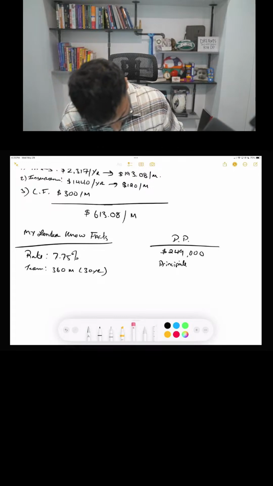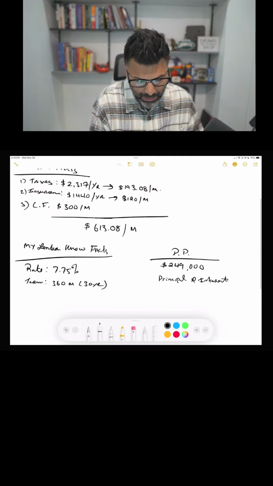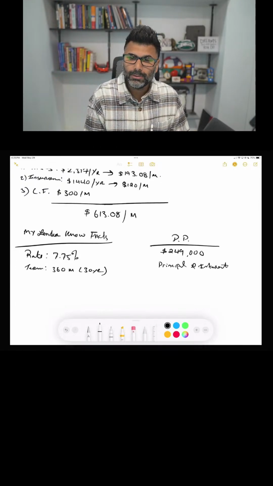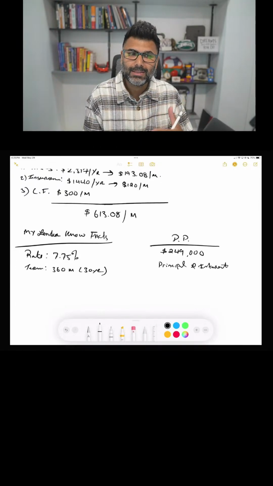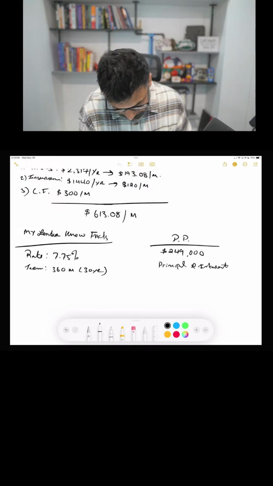Oh, I made that wrong. Principal and interest. I've already calculated my taxes and my insurance. So if you combine the four, that's what your PITI is. Principal, interest, taxes, insurance. Those are your four, okay?